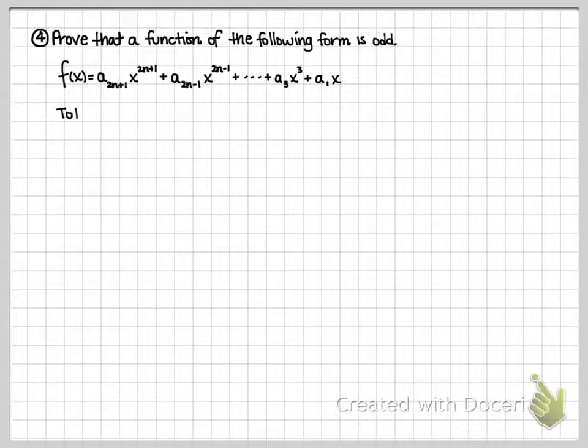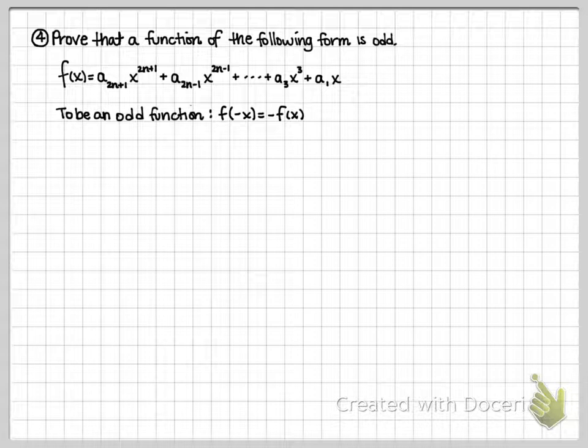To be an odd function, I know that f of negative x is going to be equal to negative f of x. This is going to be the driving force behind this.